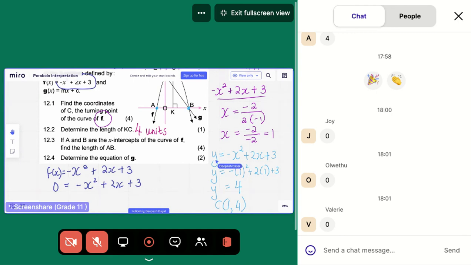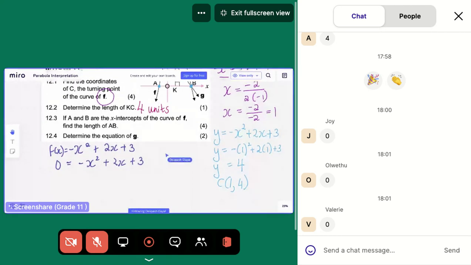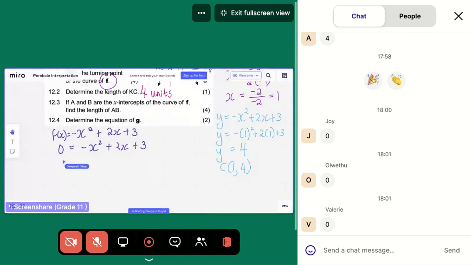So I want you now to factorize this expression for me into 2 brackets. Now remember, it's not very nice to factorize something when it's got a negative. So we're going to remove the negative, and we've got x squared minus 2x minus 3.